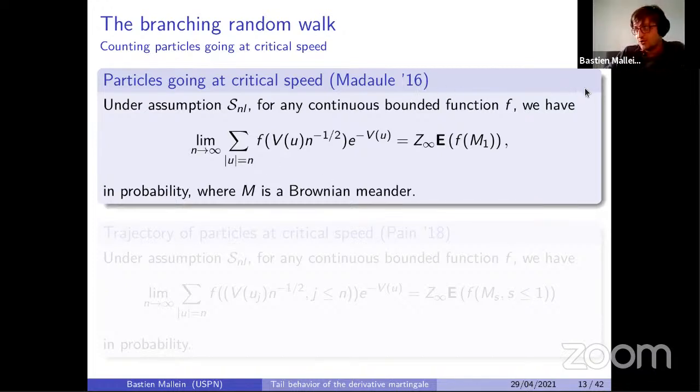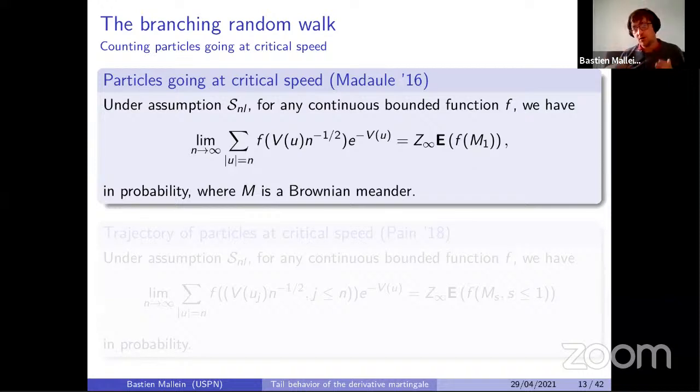So Madaule again showed that under the same integrability assumptions S and L, for any continuous bounded function f, if you look at the sum over all particles u at generation n of f(V(u)/√n) multiplied by the weight, so e to the minus the position of the particle, this quantity converges to the derivative martingale Z infinity multiplied by this quantity, which is the expectation of f(m_1), where m is a Brownian meander.